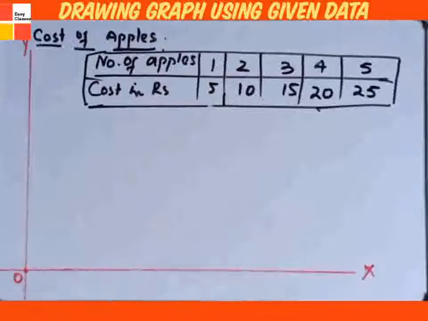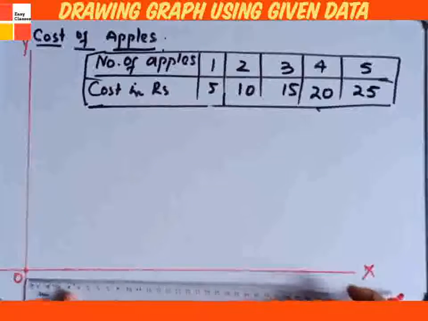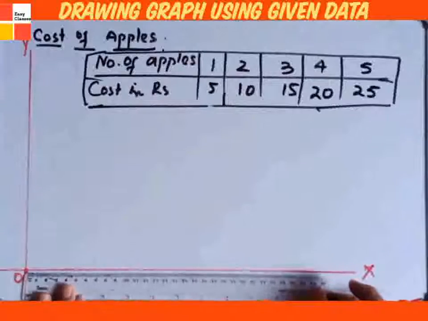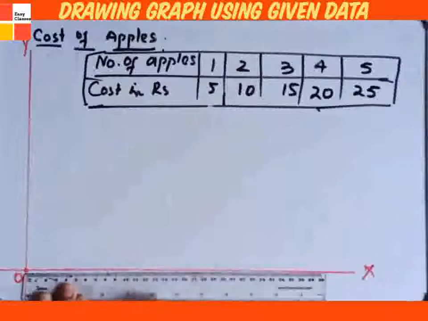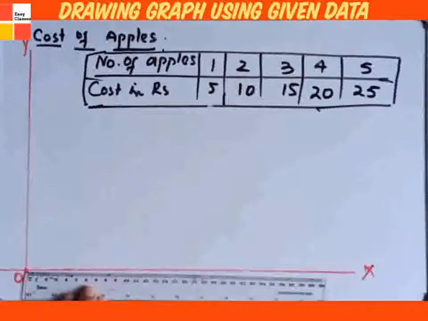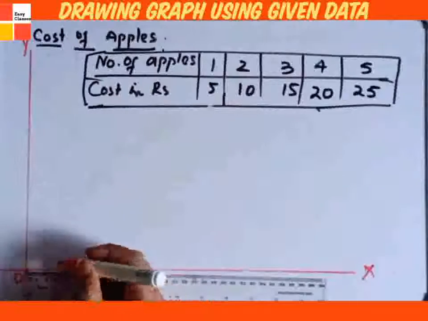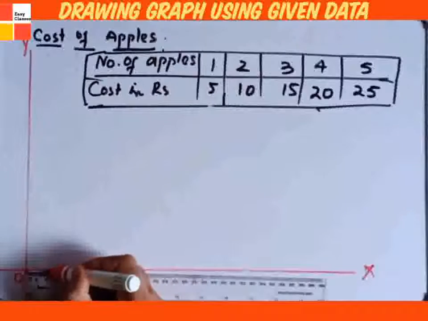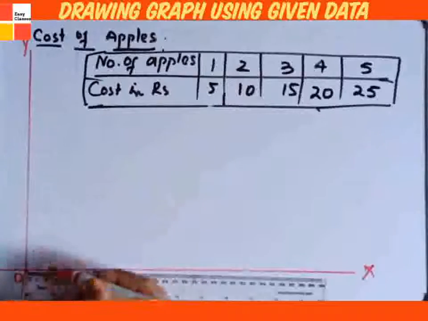Say for example, this is the x coordinate, right? So we will use the scale there. We'll divide the x-axis into equal parts. Each part is equal to 2 centimeters.